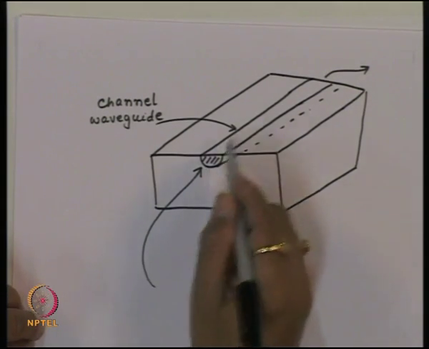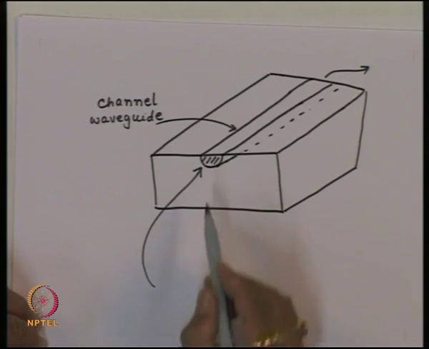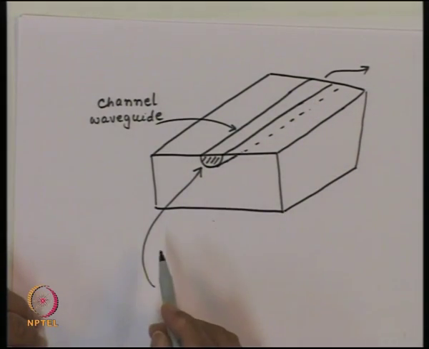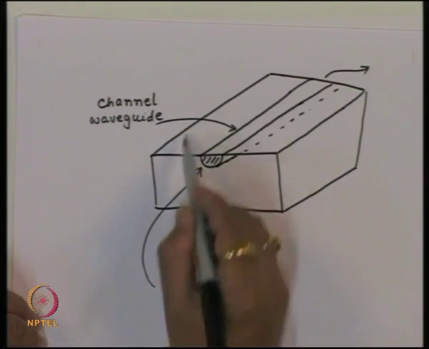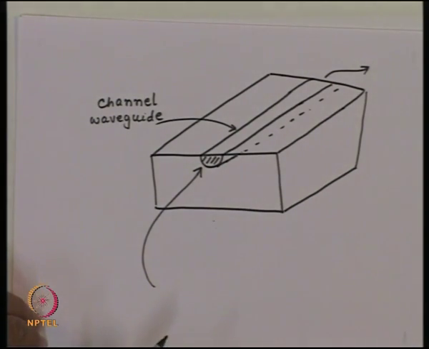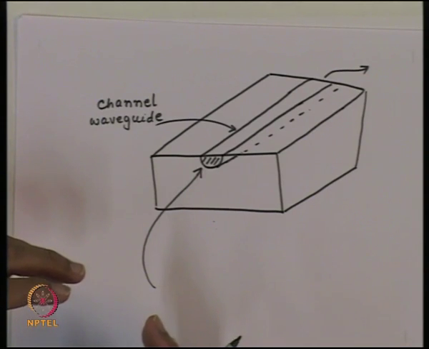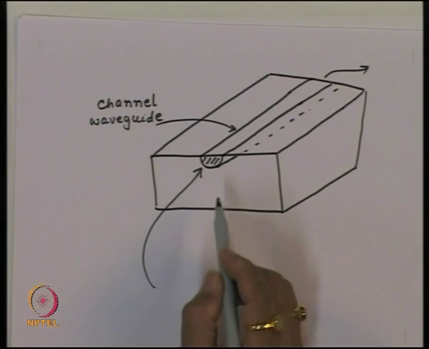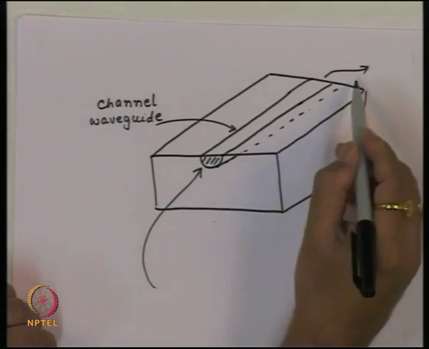How much the phase will change depends upon the length of this channel waveguide, and will also depend upon the phase constant of light inside this waveguiding structure. So, once this device is fabricated, you have a fixed change of phase between the input of the light and the output of the light.